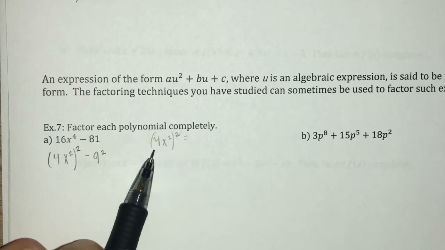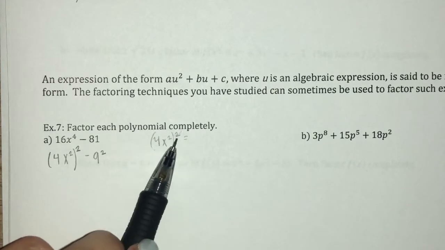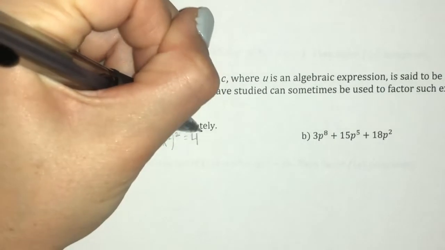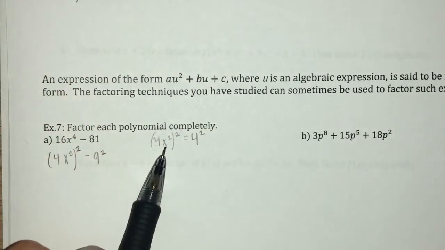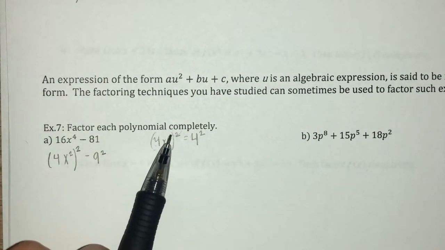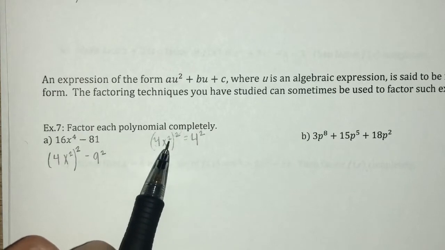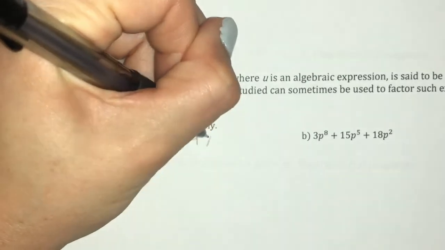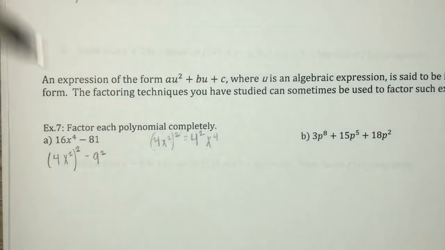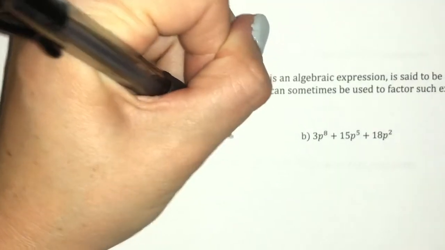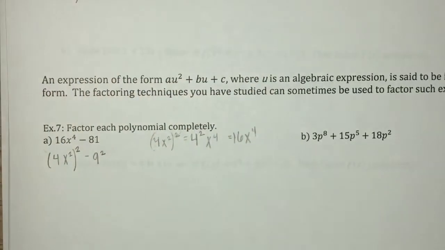The squared can go to both those factors. So it'd be 4 squared times x squared squared, which, when you're raising a power to another power, you multiply those exponents, so x squared squared becomes x to the fourth. And then, of course, the 4 squared is 16, so 16x to the fourth.